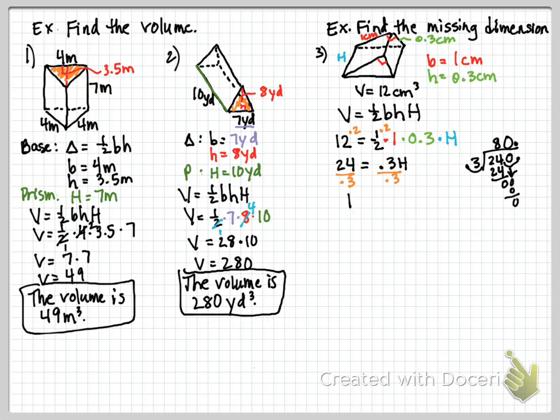We terminate, and we get H equals 80. Wow. That's a long, long height. So the height of the prism, not of the triangle, is 80, and it's just normal label, centimeters.